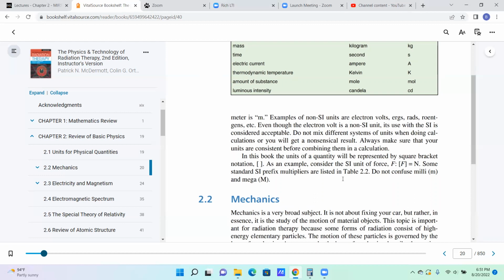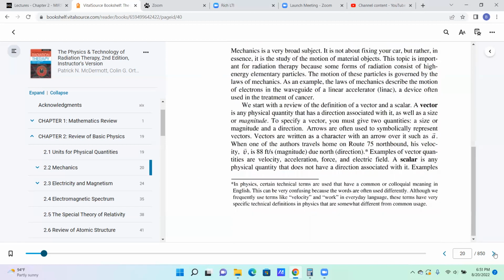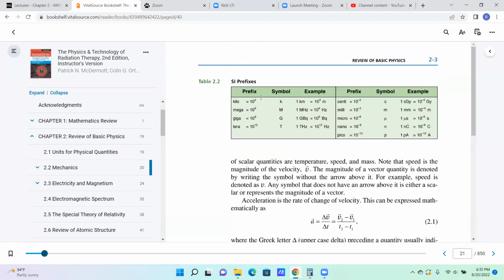Some standard prefix multipliers are going to be listed in the next table, and you can see here that when it comes to the prefix kilo, you can see what the symbol is going to be. So 1 kilometer is going to be 10 to the third times the fundamental unit there, which is meters. Mega, 10 to the sixth.